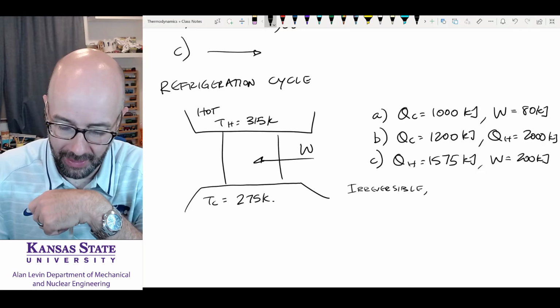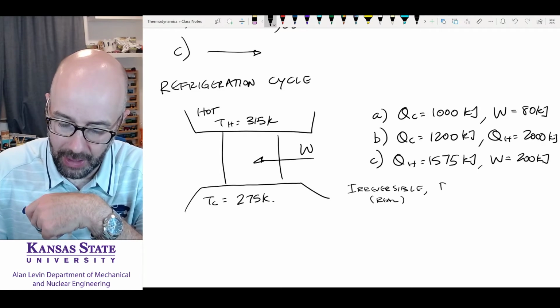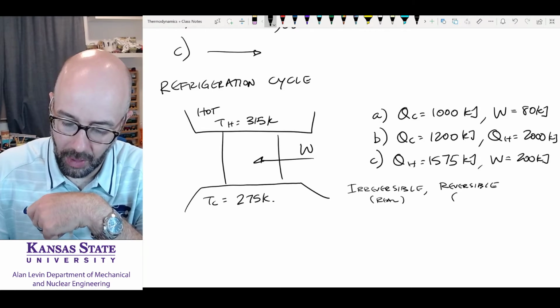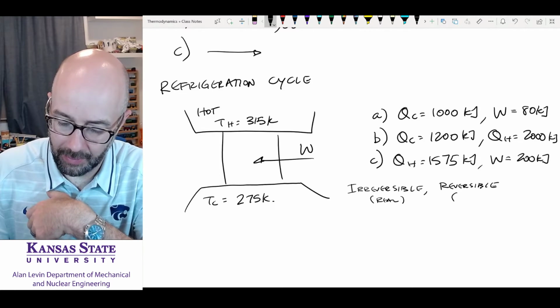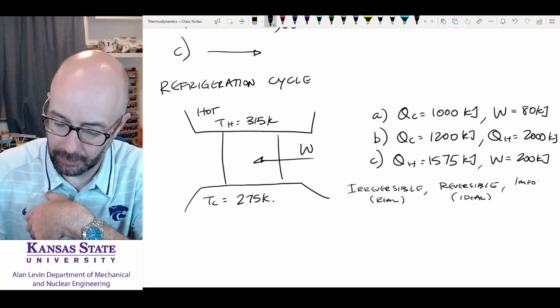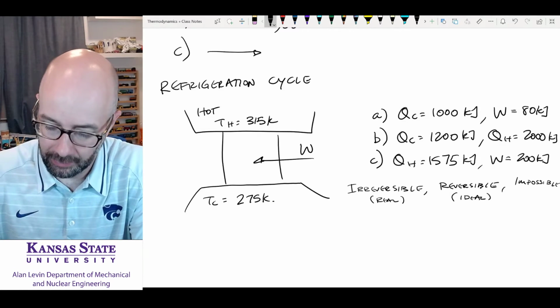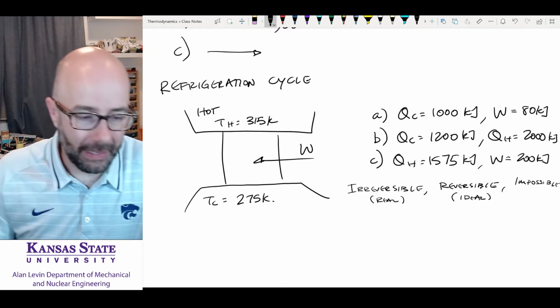It's a real process. This is another way of saying it's real. Is it reversible, which means is it ideal, or is it impossible, which means it's just impossible. It's imaginary.